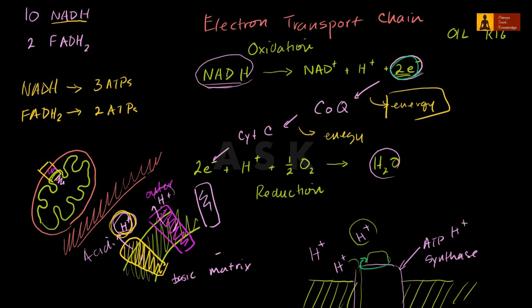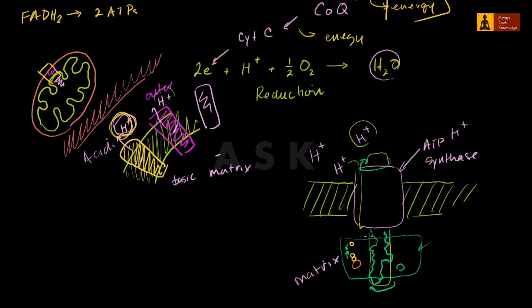That energy is used to pump hydrogen protons into the outer compartment of the mitochondria. Then those hydrogen protons want to get back into the matrix of the mitochondria. So as they go back in, that drives this ATP synthase engine, which actually produces the ATP.